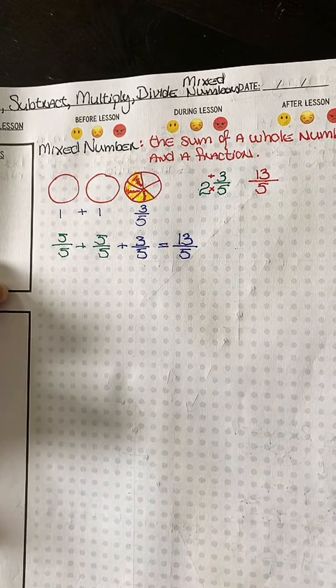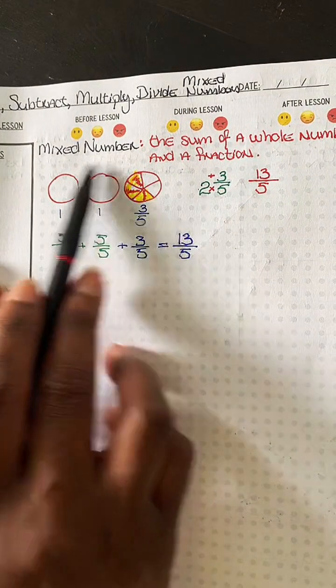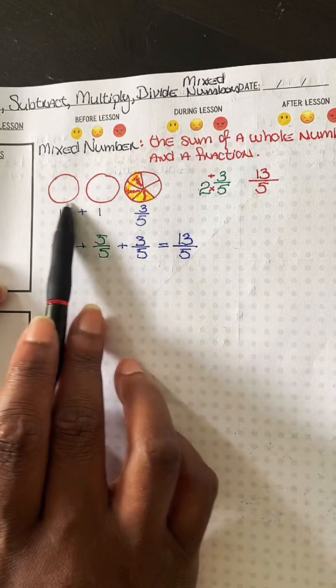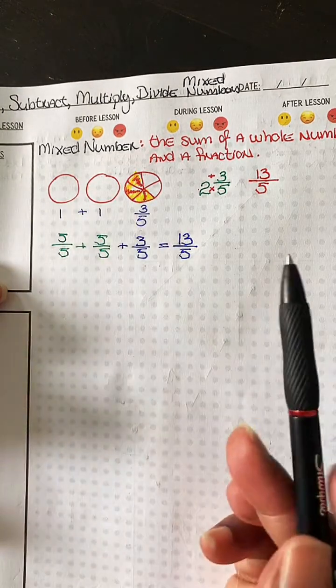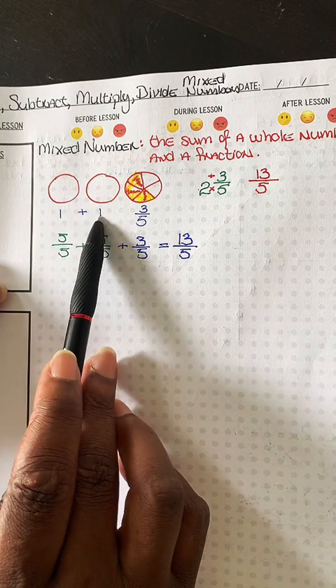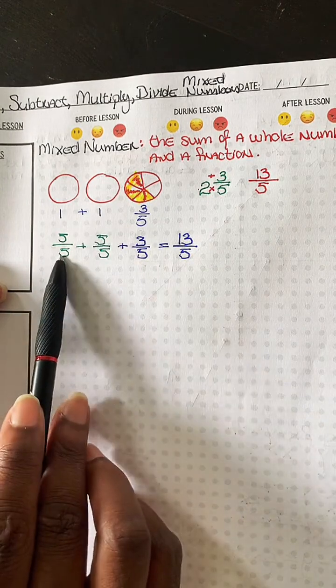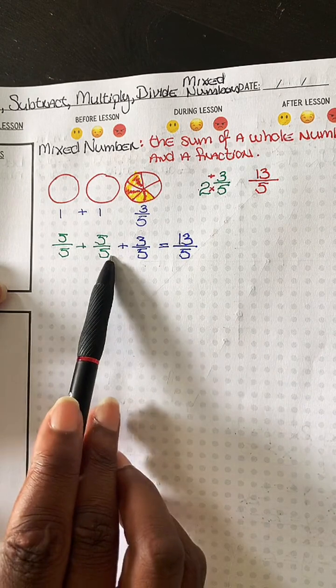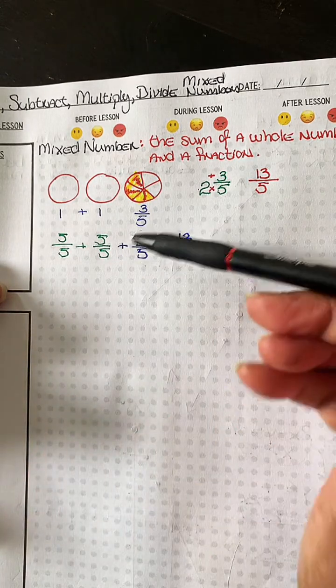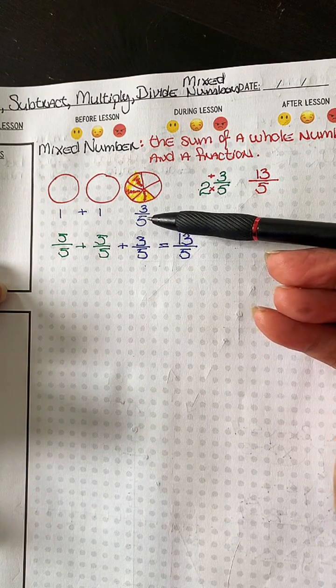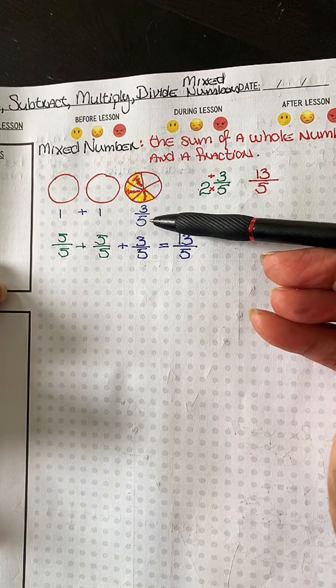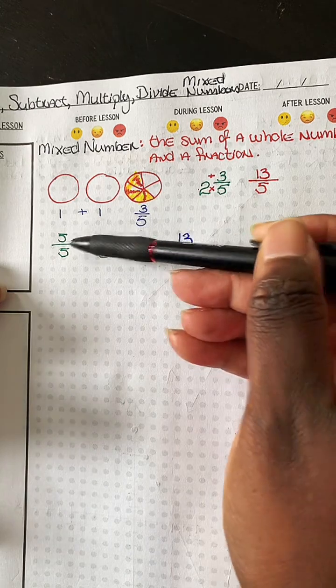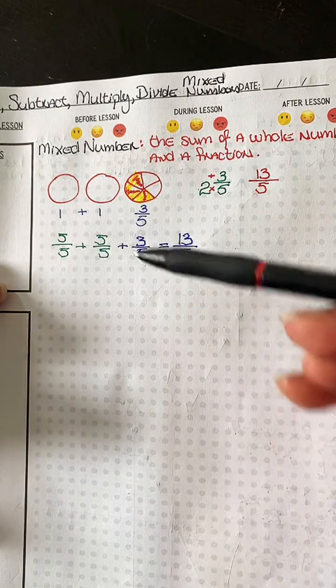Okay? So if they say, turn this into a mixed number, if they give it to you as a picture, just make your wholes into fractions, okay? What tells you what fraction it should be is the denominator of your fraction, so you know what you should be dividing.